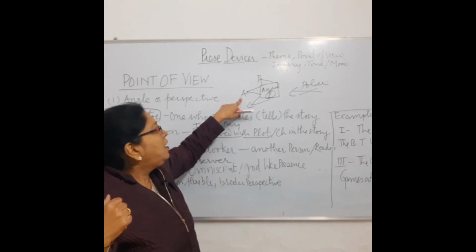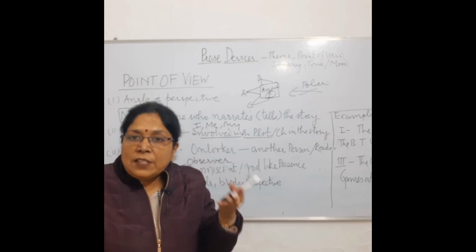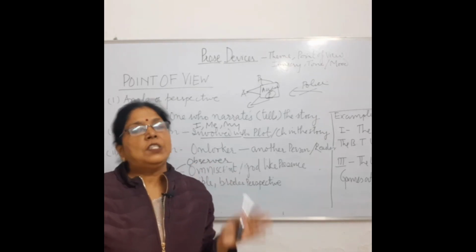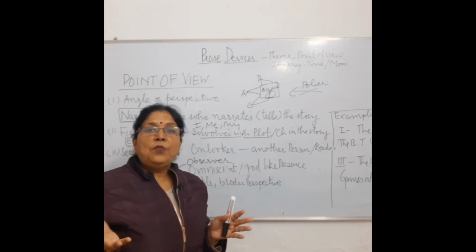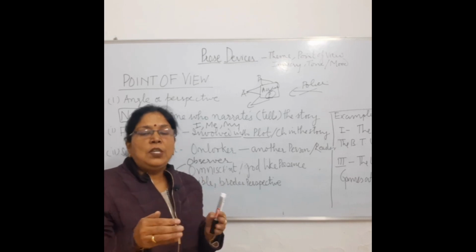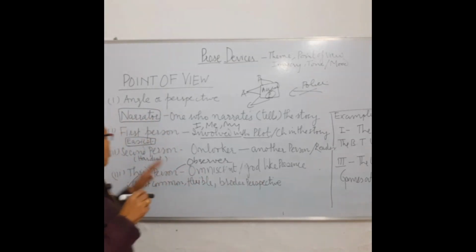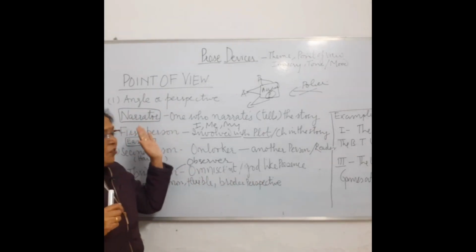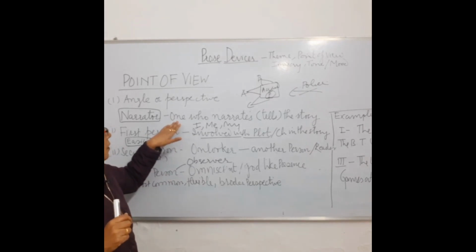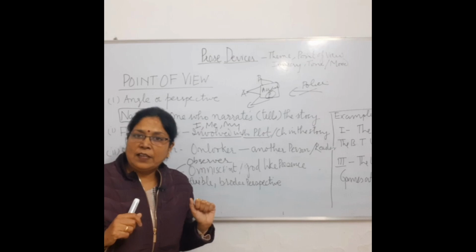Similarly, in the stories, who is telling the story? This question is very significant, because when we come to know who is the person telling the story, then this is the point of view of this person. So now you should keep your mind intact on the fact that who is narrating the story.